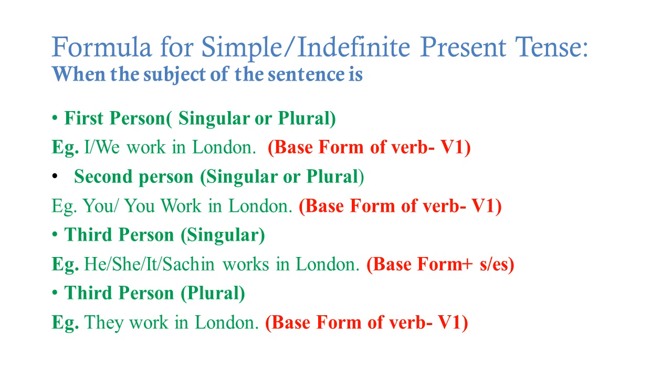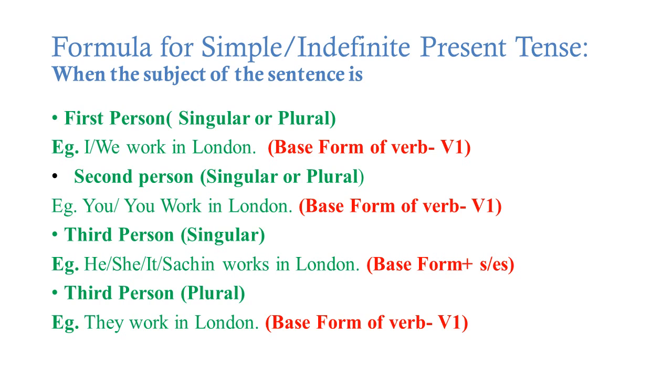Then third person. In third person singular, there is an exception to the rule. He, she, it are the third person. He works in London, she works in London, it works in London, Sachin works in London. If you see carefully, you will find that we have added s to the base form of the verb.